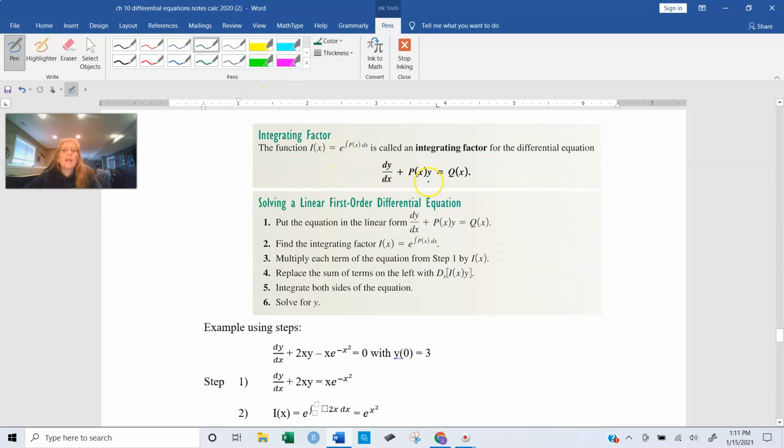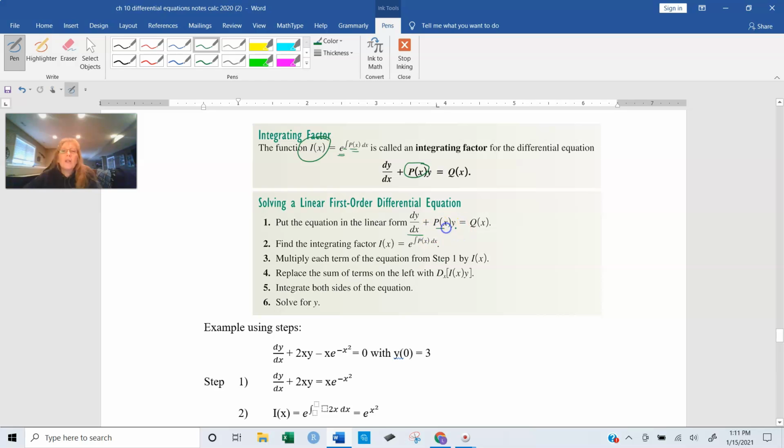All right, we have the same formula. Now, the integrating factor, or what we multiplied by, is always calculated by taking e to the antiderivative of p of x, and p of x is the function that is in front of the y. The dy has to be by itself. So step 1, we make sure that this is true.